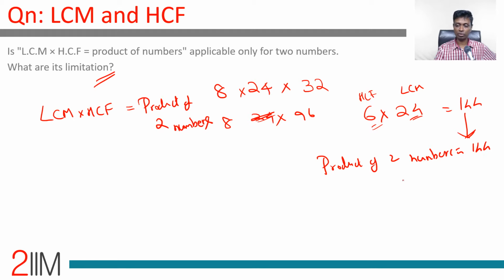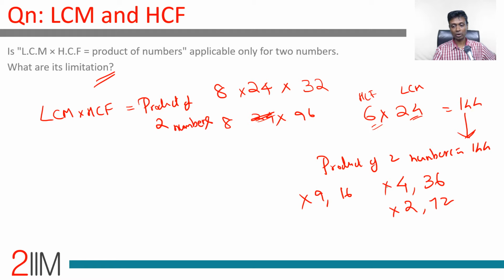HCF and LCM could be 4 and 36. That is possible. It can be 2 and 72. It's possible. But it cannot be 9 and 16. So these are possible, this is not possible. And so that is a limitation there.